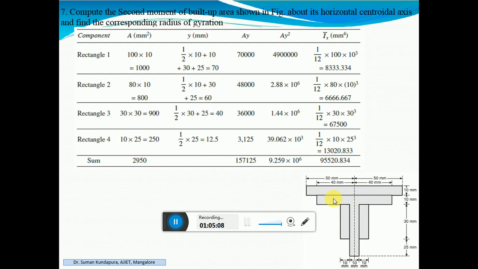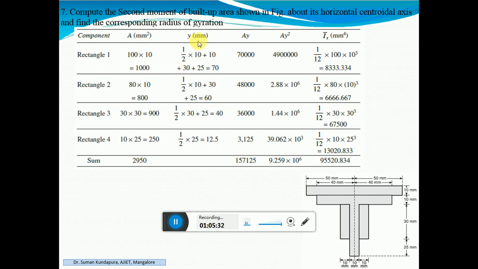Next rectangle, 25 plus 30, 55. 55 plus 10 by 2 is 60. Third rectangle is this one. So it is 25 plus 30 by 2, which is 40. This rectangle, half of 25 is 12.5.